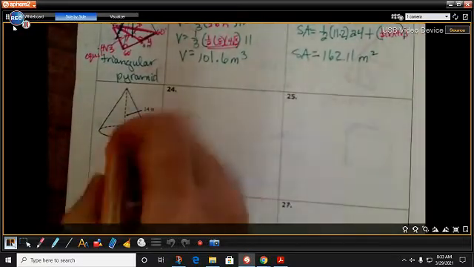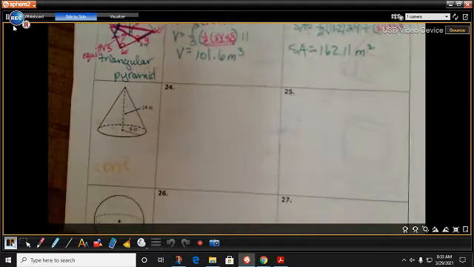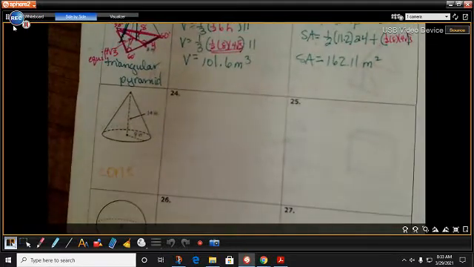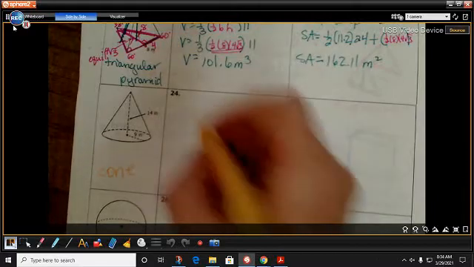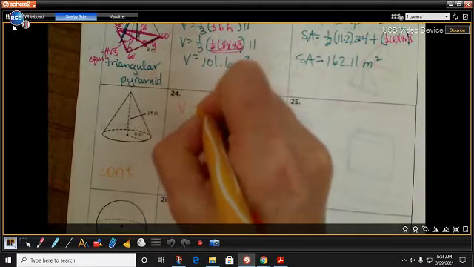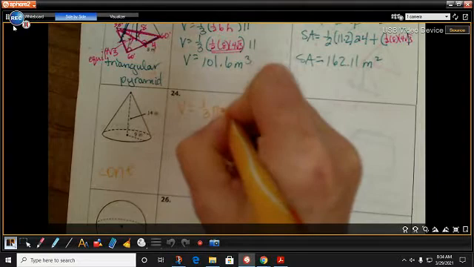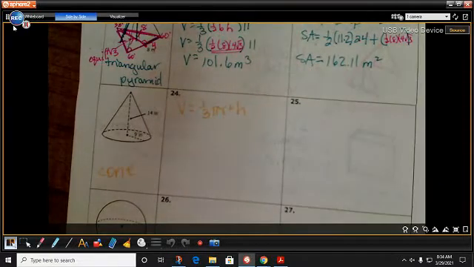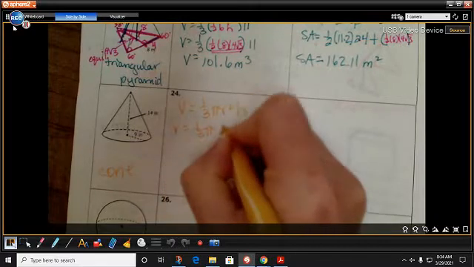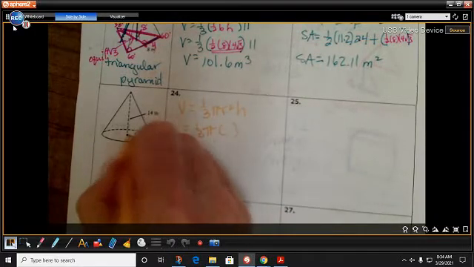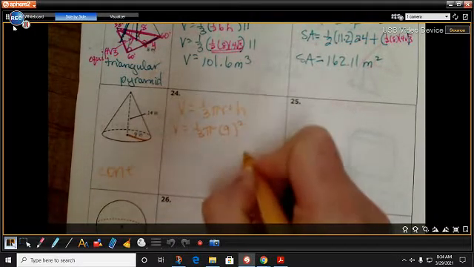Moving on. Now I have a cone, which is nice and simple here. And so for our cone, we know that the formula for the volume of a cone is 1/3 pi r squared times height. And so I'm going to take 1/3 times pi. My radius is 9, which will get squared.